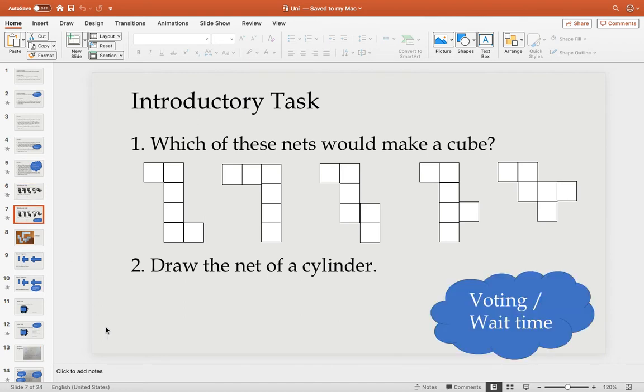In terms of the first pedagogical move I made here, it was voting. I love students voting, especially for these last 3. Would they make a cube or not? The fact that voting asks students to make a commitment to one, would this third one make a cube, automatically gives them wait time because they have to think about it.